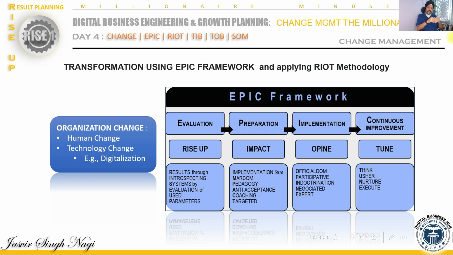So for officialdom, there is a different way of implementing the changes. Okay. Similarly, there are different ways of getting into participative or one of those other Opine-related methodologies put into play, because each of them, based on their cultural aspects, requires change accordingly.